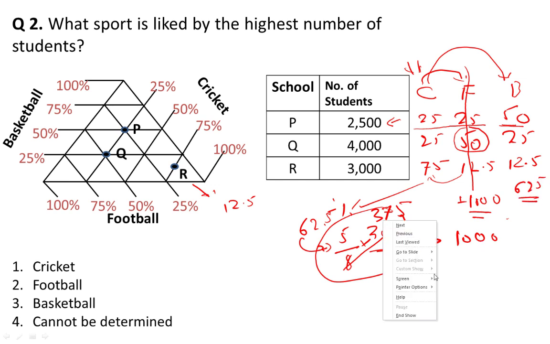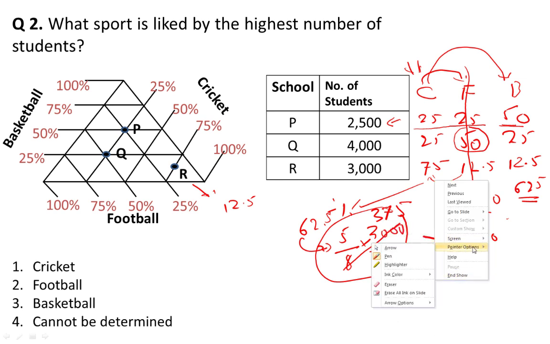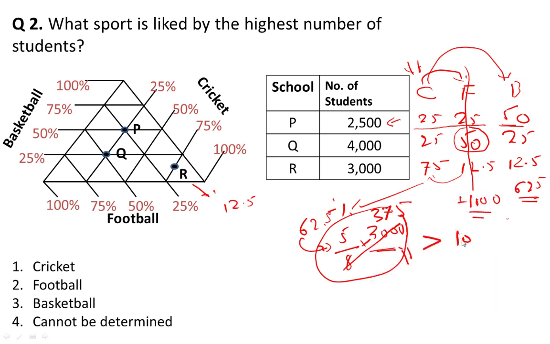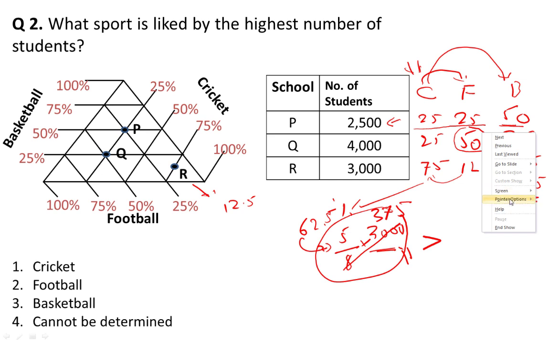I will erase these figures to clean the screen. Now I can see P has 625 more in basketball over cricket.